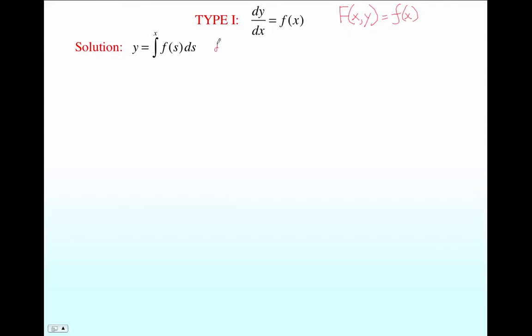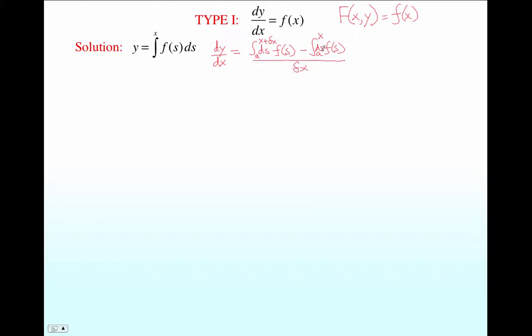Now, this is actually obvious because we had defined the integral as the antiderivative. Or if you want to look at it in a different way, let's remember that the definition of dy by dx is you evaluate y at a slightly different value of x. So let's make that from a to x plus a slightly different value, delta x. So that's the integral of f of s ds, and then minus the original value, which is the integral all the way up till x of f of s, divided by delta x.